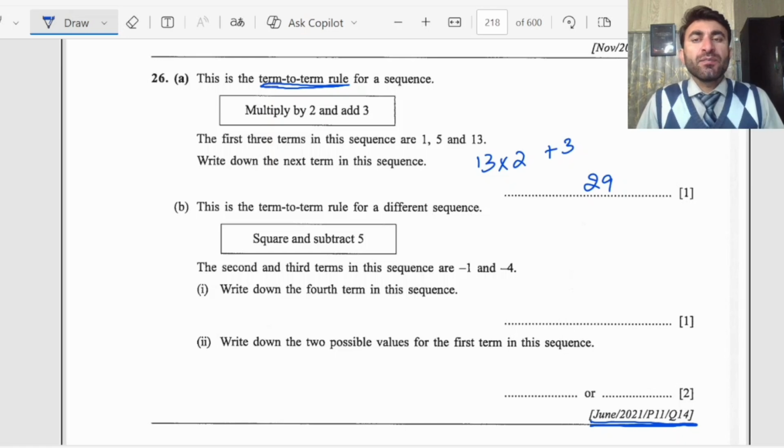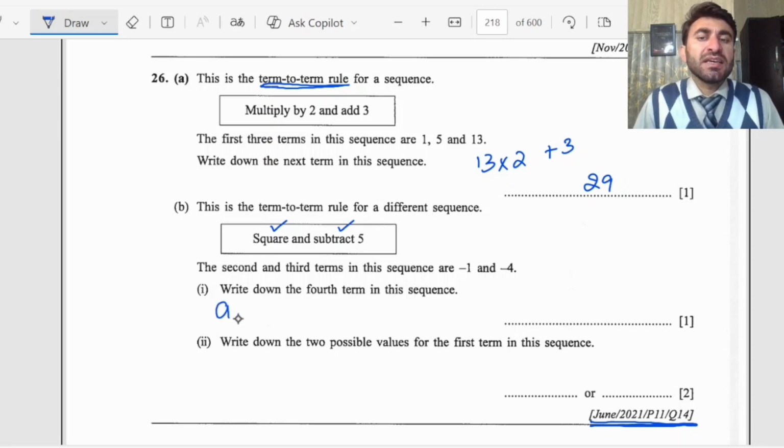Then it stated, this is the term to term rule for a different sequence. It is square and subtract 5. The second and third term of the sequence are -1 and -4. Write down the fourth term in this sequence. So we are to find the fourth term of this sequence.